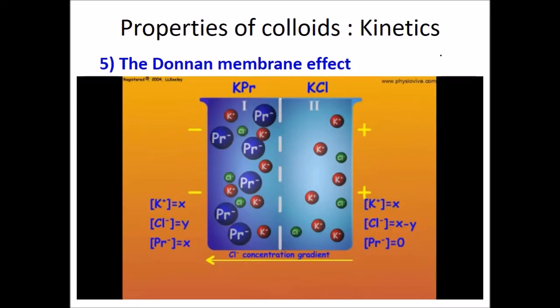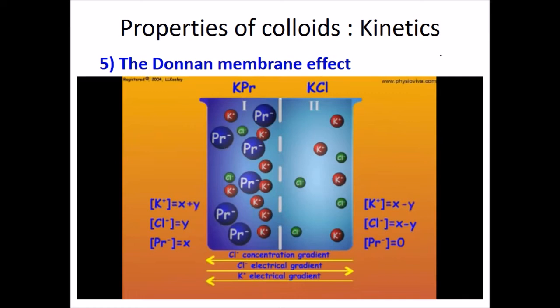Development of the negative charge on side 1 counterbalances the concentration gradient for chloride ions and prevents chloride concentrations from becoming equal on both sides of the membrane. At the same time, the negative charge on side 1 attracts the positive potassium ions to migrate from side 2 to side 1 along an electrical gradient.